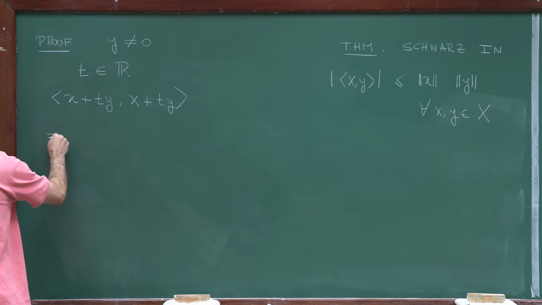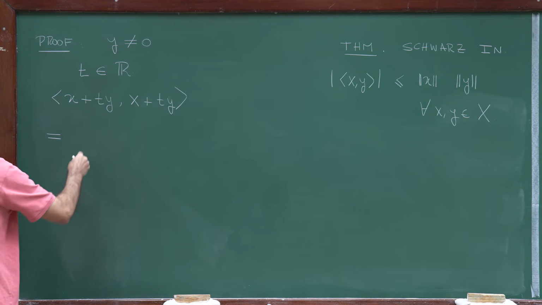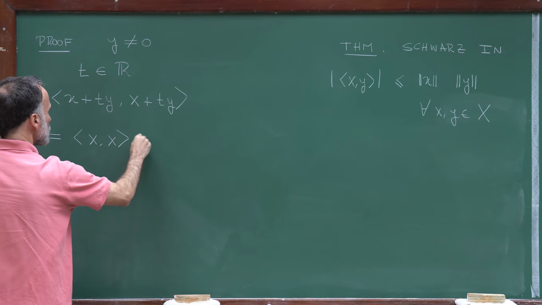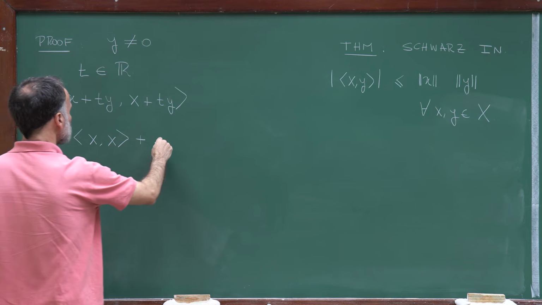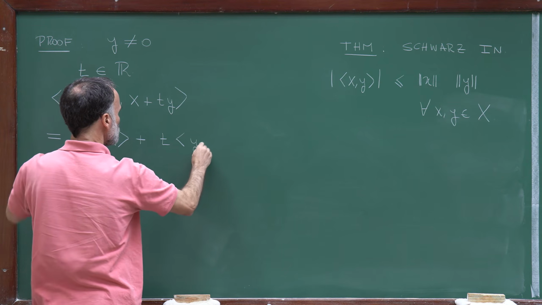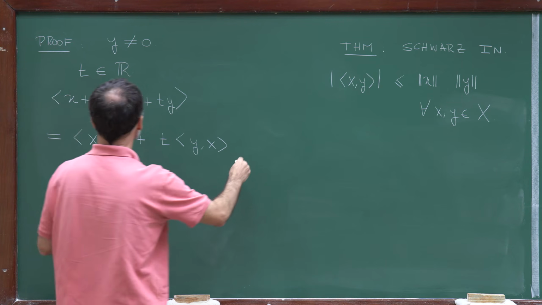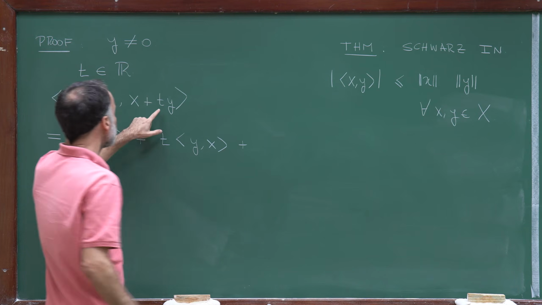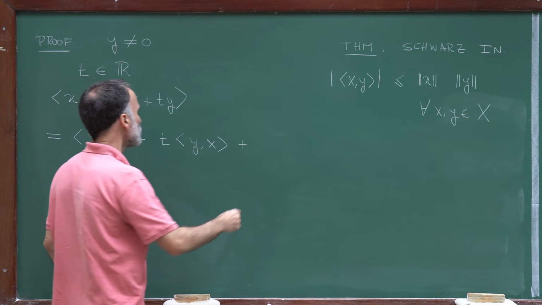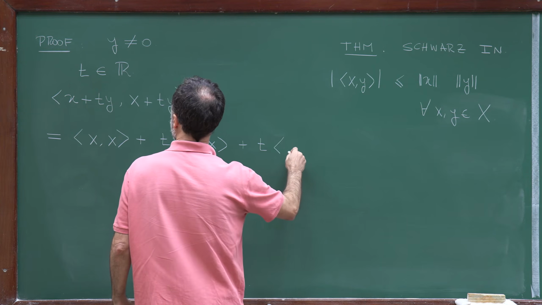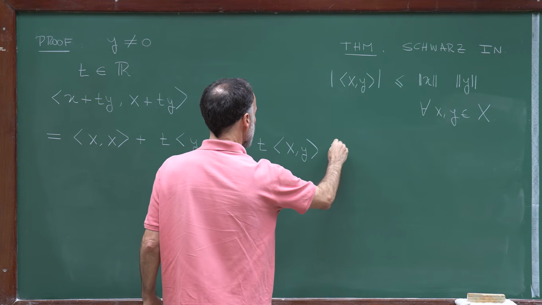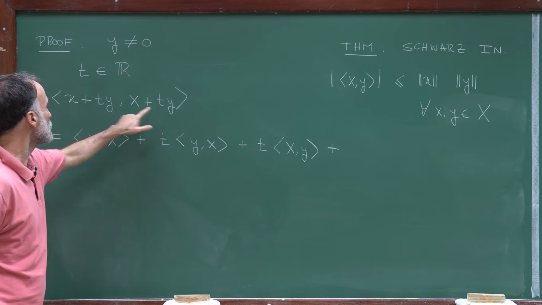By linearity, this is equal to xx, then you have t yx, plus t, it's a real number, so when you take the complex conjugate, it's still t, plus t xy, and then we have t squared yy.